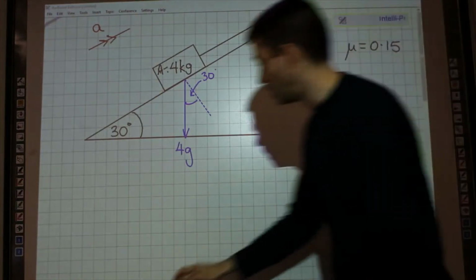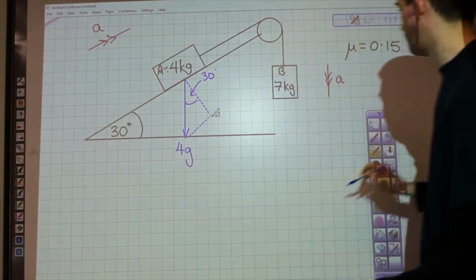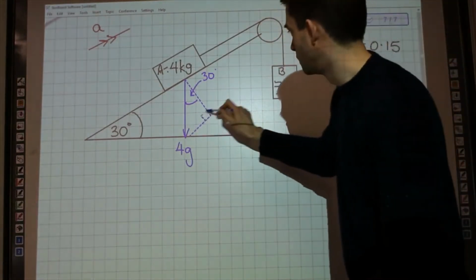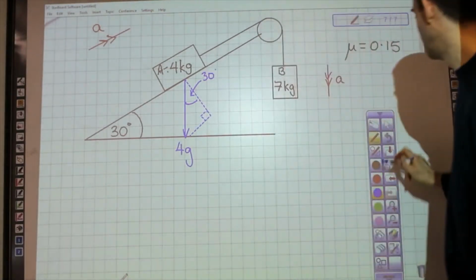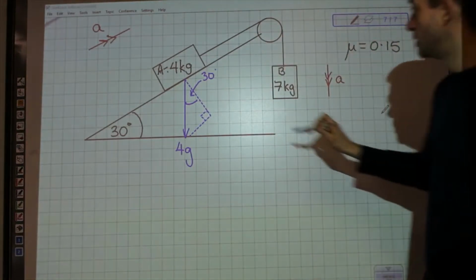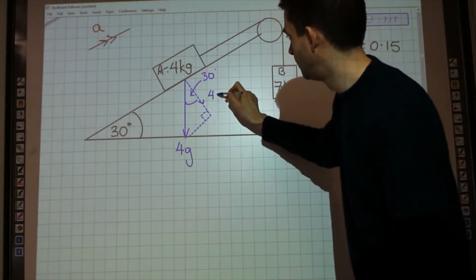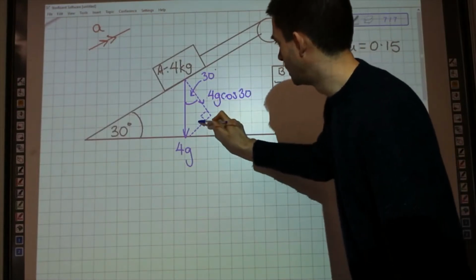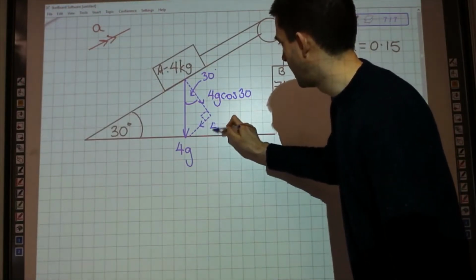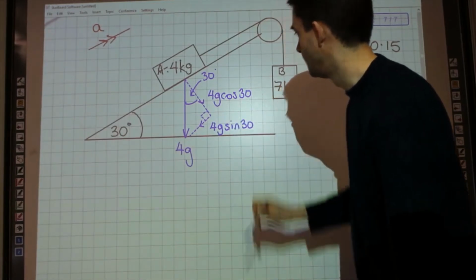And while I'm there, I'm going to label on here by joining up my right angled triangle. I always forget to take the dashed line off. That this force here acting perpendicular to the slope is going to be 4g cos 30, and that this force here acting parallel to the slope is 4g sine 30.